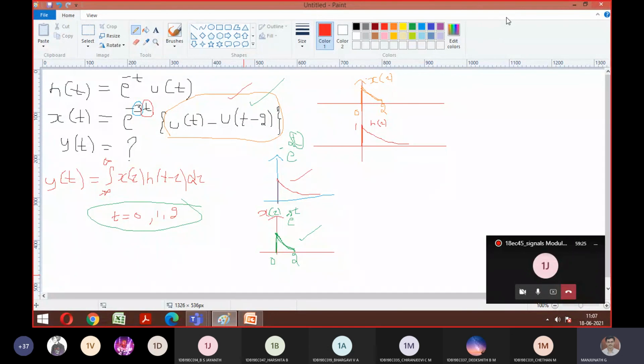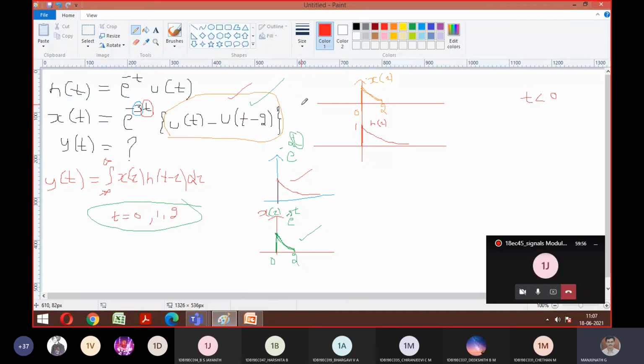Just observe the things. If I take t less than 0, so less than 0 means negative values. Do you think overlap occurs? If I take t as negative values, the waveform will go towards the negative side.